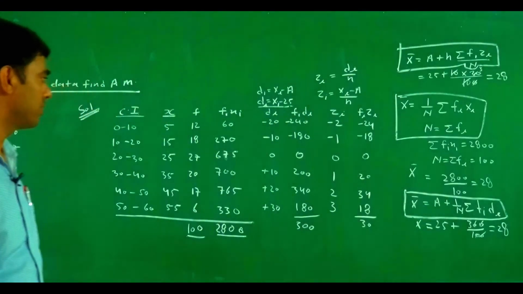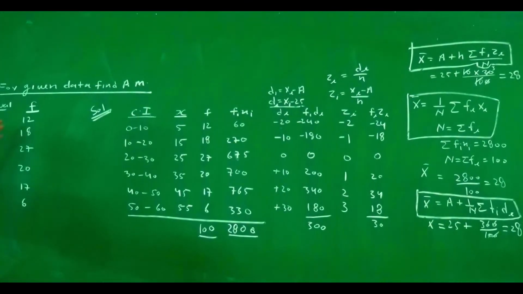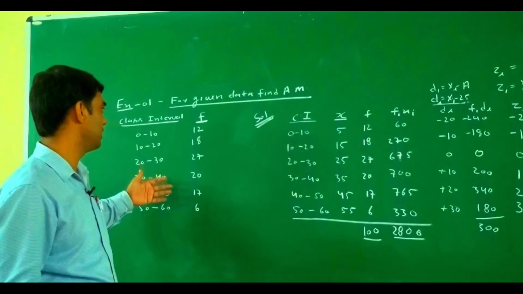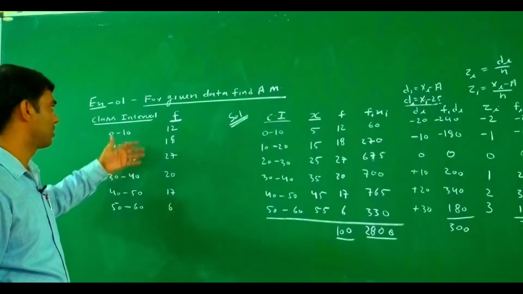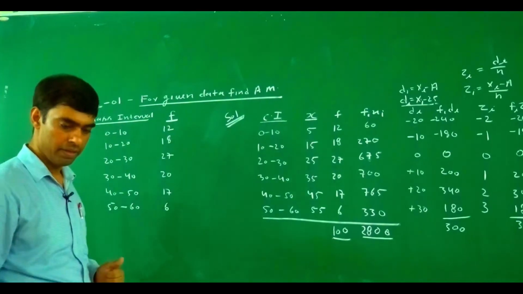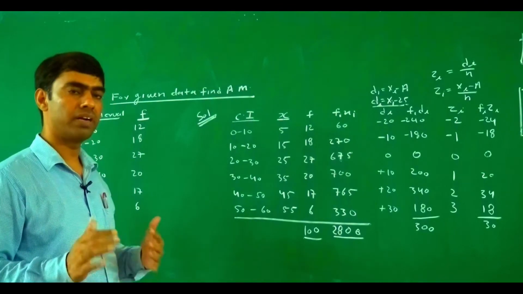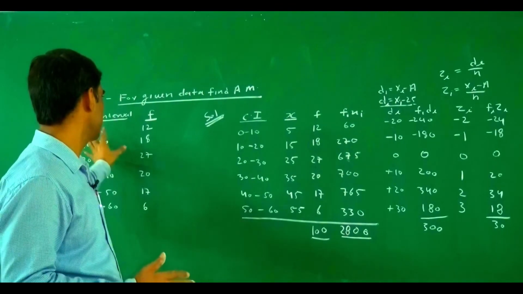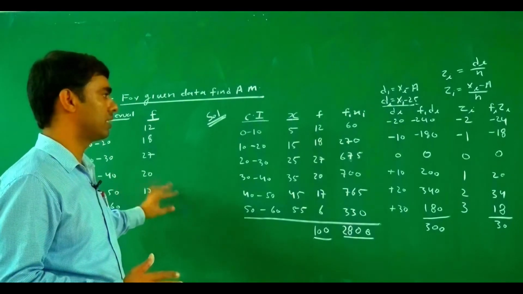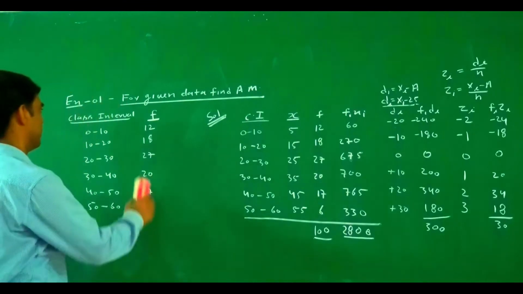So this is a very simple example of how we find the arithmetic mean if the data is given in the form of grouped data with frequencies. Sometimes the data is not given in group form, and raw data is given. Then we write the given data in the form of grouped data and apply this method to find the arithmetic mean.